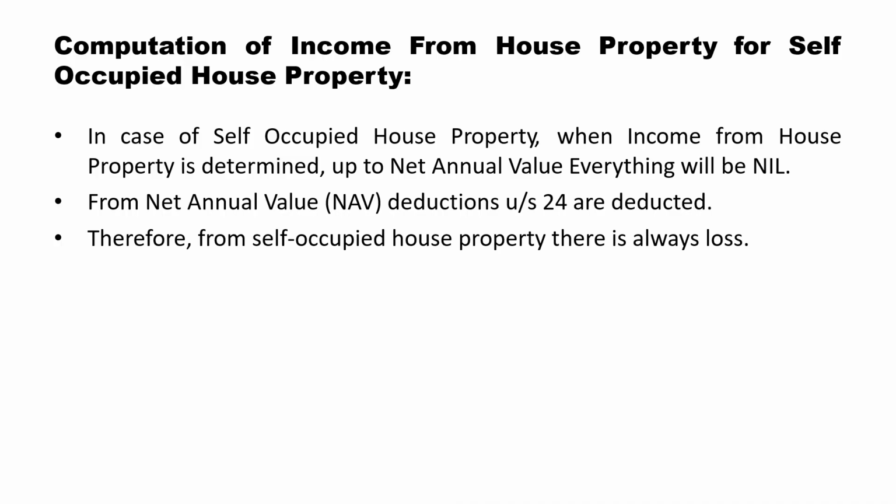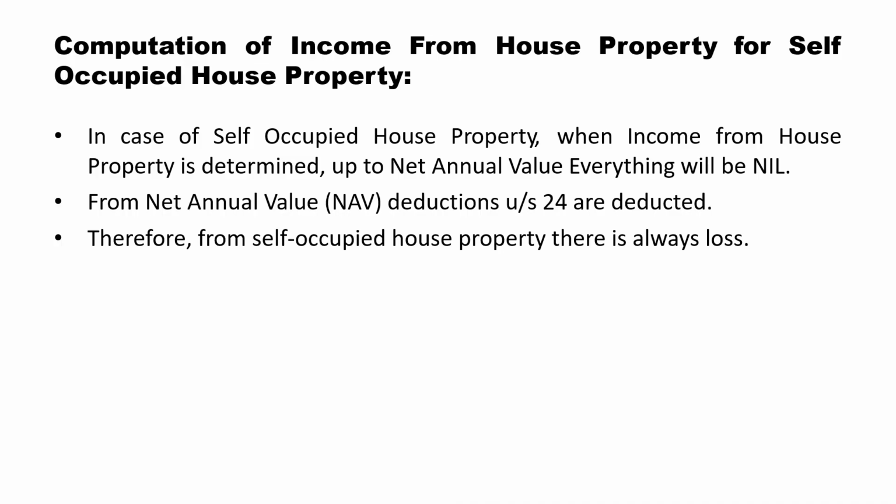Okay? So, while computing the income from self-occupied house property, up to net annual value, every amount is zero. Every amount is nil. Therefore, for self-occupied house property, there is always a loss because you are getting the minus figure there.